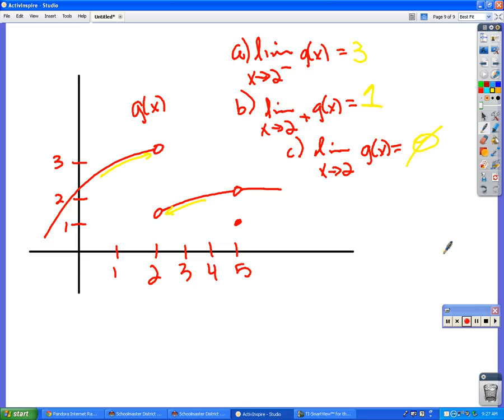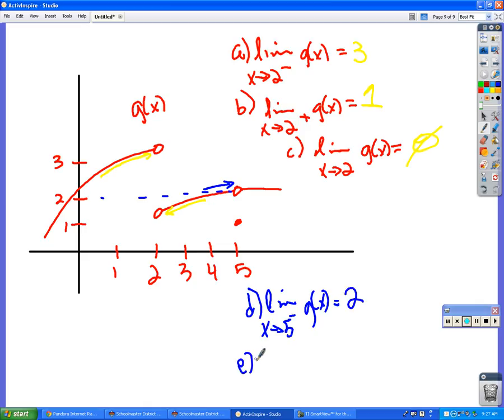So let's take a look at this one, for example. What would you say the limit as x approaches 5 from the negative side is? 2. Because if I go to the negative side, the left-hand side of 5, and follow along the graph, my y values are getting closer and closer to 2. Okay?